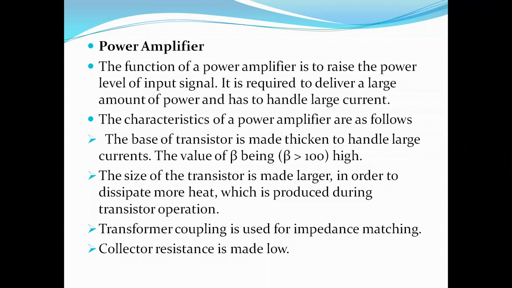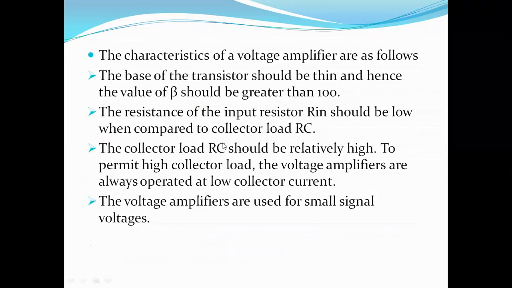The current is also very large. So what are the characteristics of power amplifiers? Here, the base of the transistor is made thick to handle large currents. If you take a normal voltage amplifier, the collector current is low.